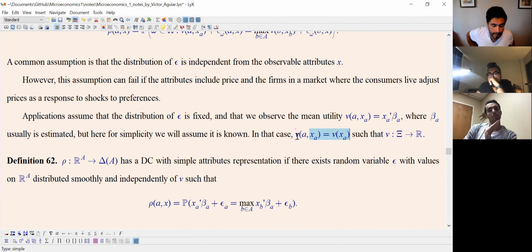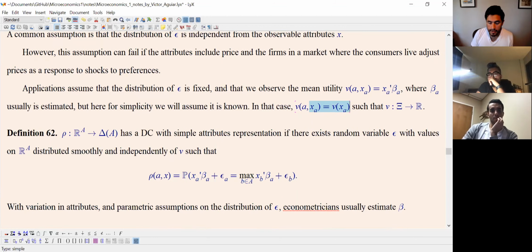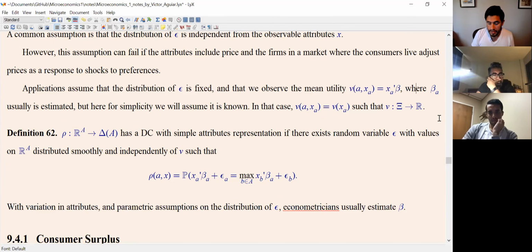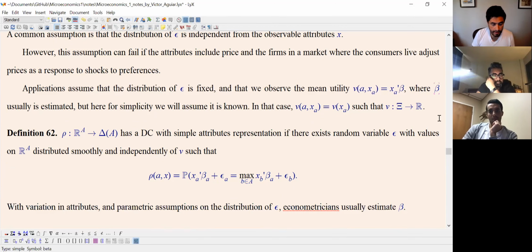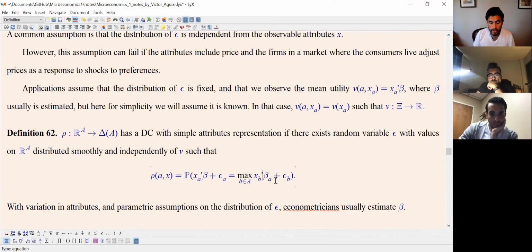Here we are allowing this beta, but in particular we can make it such that beta doesn't depend on A as well. So it's even simpler. In this simple discrete choice model, the probability of A conditional on observable attributes X is equal to the probability that X_A times beta plus epsilon_A is equal to the max over the other alternatives.